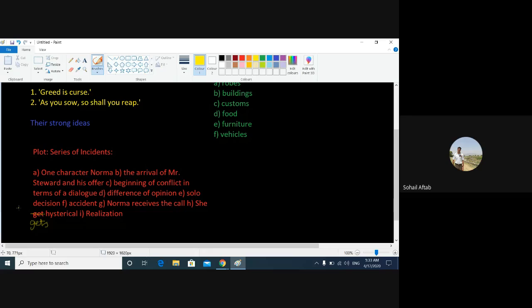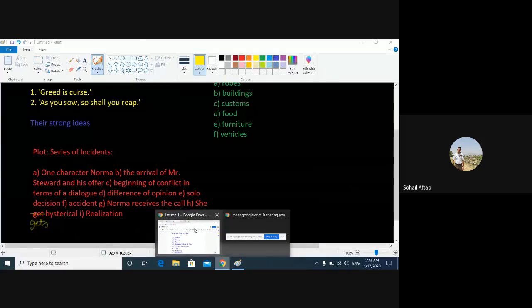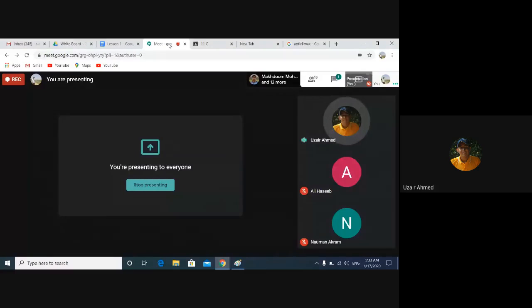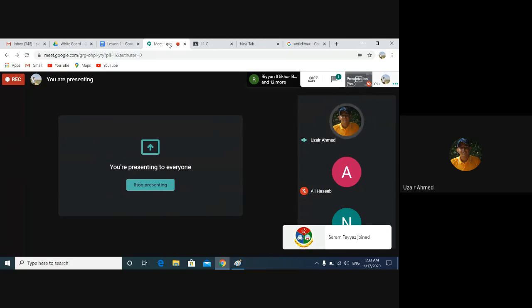So fine. Now, how many of you have got an idea of a plot? Who will tell me what a plot is? Sir, we can say plot is a series of small incidents in which the whole story is arranged in a perfect sequence.